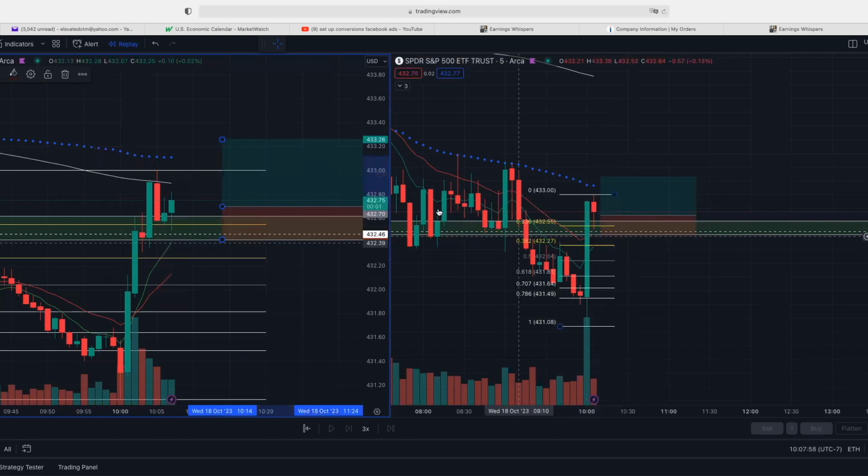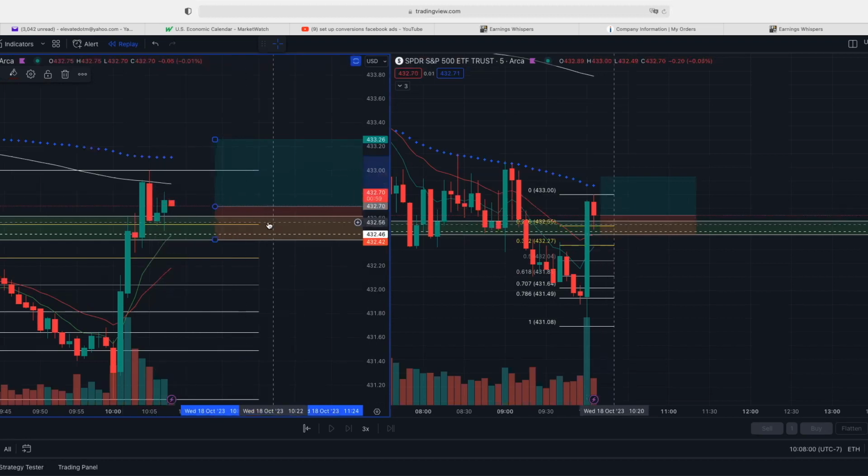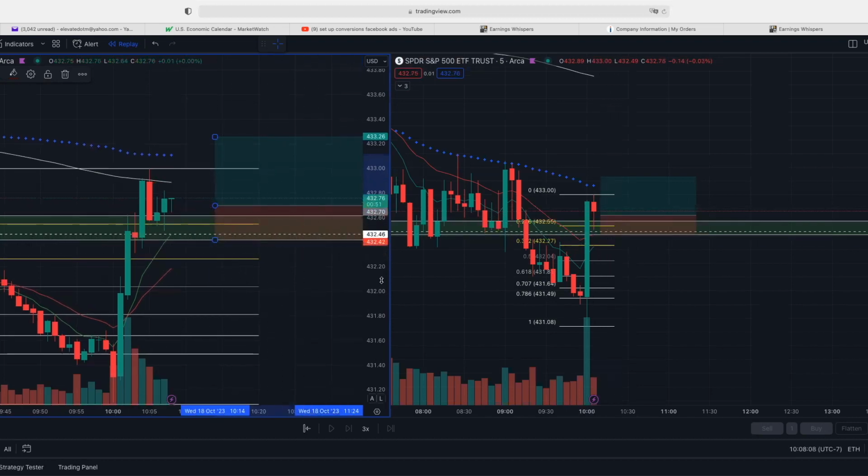Let's see what happens right here. So right here, I will add a second contract and I will keep the stop loss around that same area, right? So now I am in two contracts. Let's say that was my max position. And now let's see how this plays out, right?